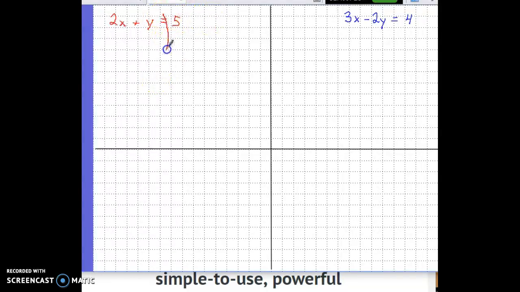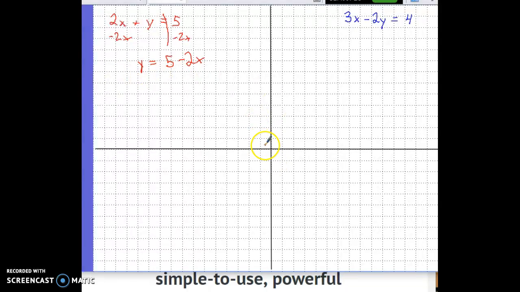I prefer, because I'm a stellar algebra student like you are, to solve the equations for y and put them in slope-intercept form. I'm going to subtract 2x from both sides, leaving me y equals -2.